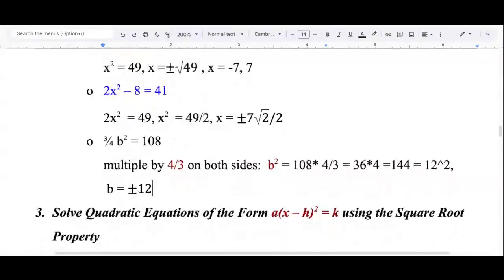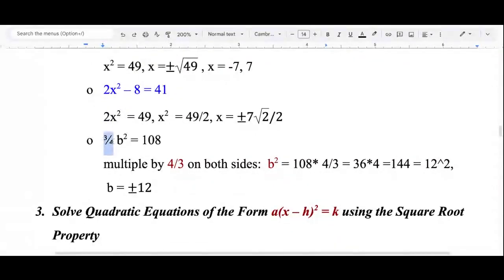Because we have 3 over 4, we could divide by 3 or 4 on both sides, or multiply by its multiplicative inverse. Multiply by 4 over 3 on both sides.